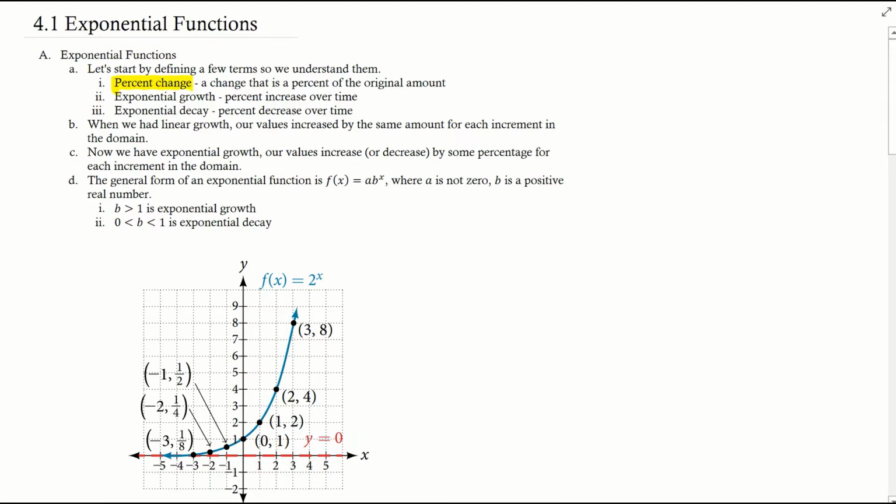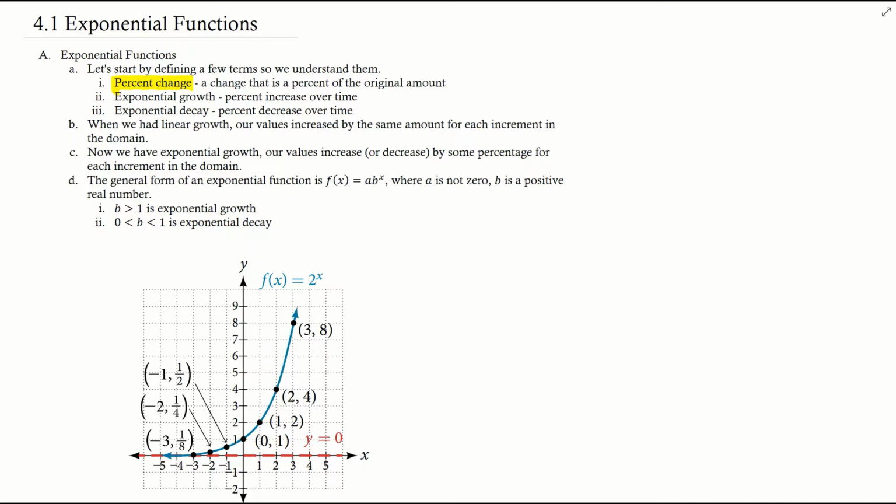That is when it's no longer a slope, so it's no longer increasing by a set amount, like half or 3/4 or 2 or 5. Now things are going to change by a percent of the original amount. Think of it like a 30% discount, or over time they'll charge you 10% more, something like that.